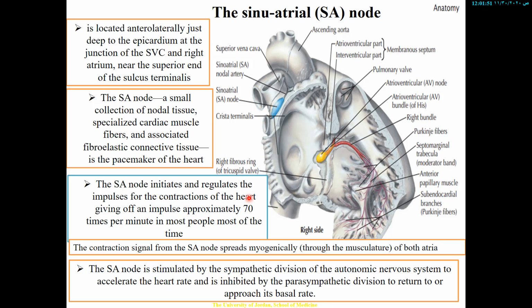The important thing here is that the contraction signal from the SA node spreads myogenically through the musculature. Until recently, we thought the signals spread through the atria to reach the AV node. Nowadays, we think there are intranodal pathways. I will talk about them by the end of this lecture, but certainly the SA node sends the signal towards the AV node.